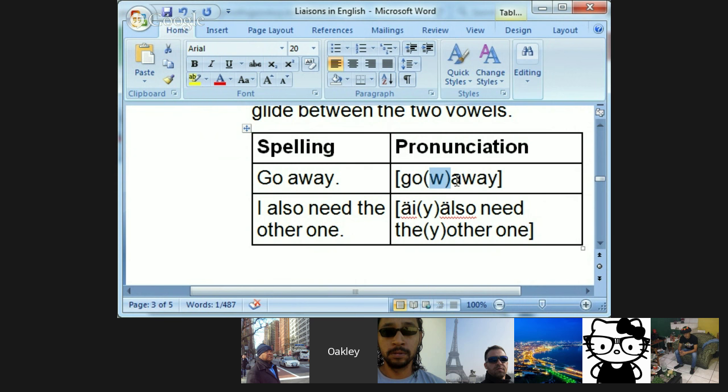It doesn't really matter which one. So you need not concern yourself with following some kind of rule here. Whatever comes naturally is going to be correct automatically. It's used just as a bridge, so it obviously doesn't have any meaning. It's just used to keep the fluency, the flow.